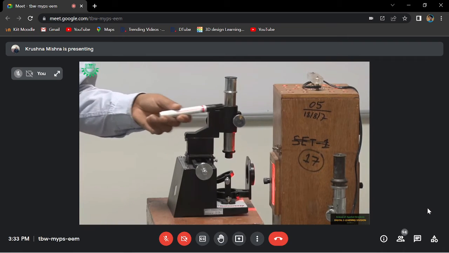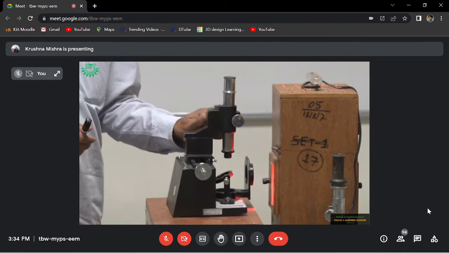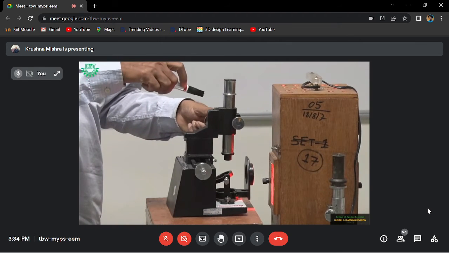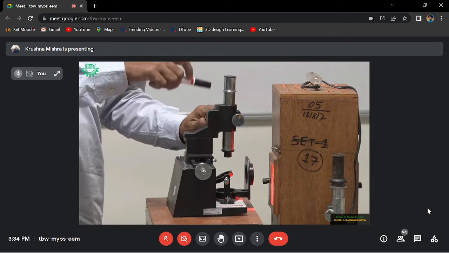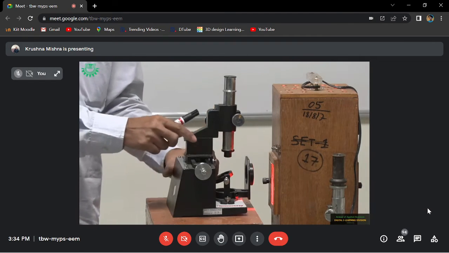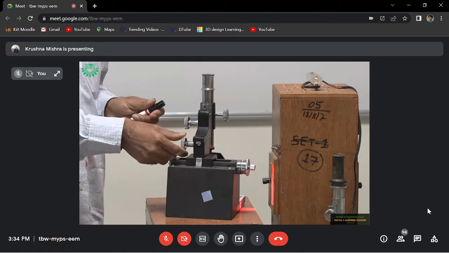This is the focus knob, and this is another knob which is given to lower or raise the microscope up and down. And this is another screw provided here.